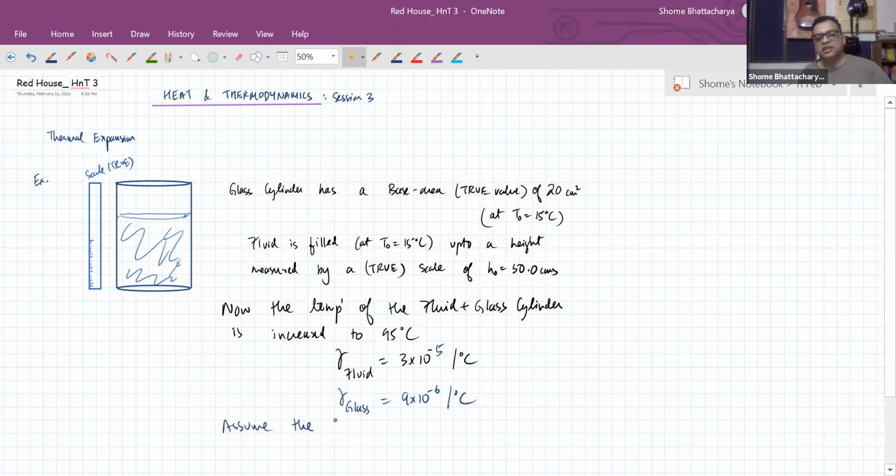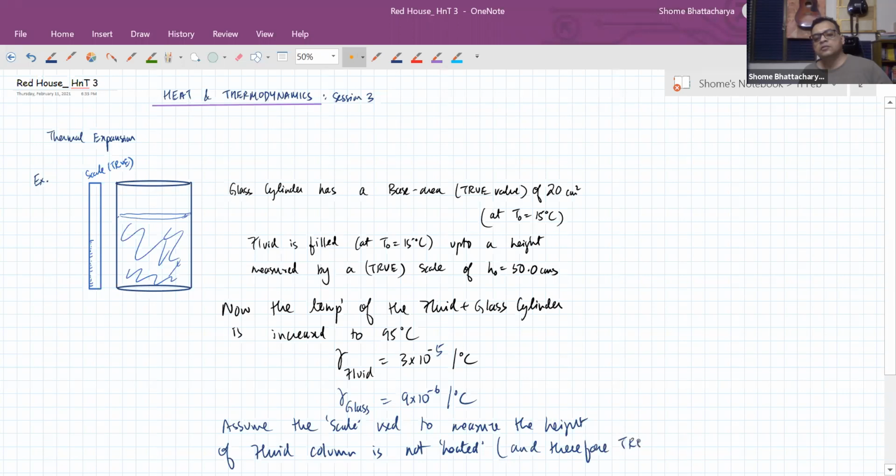Assume the scale used to measure the height of the fluid column is not heated, and therefore true in its calibration. There is no error in its calibration.